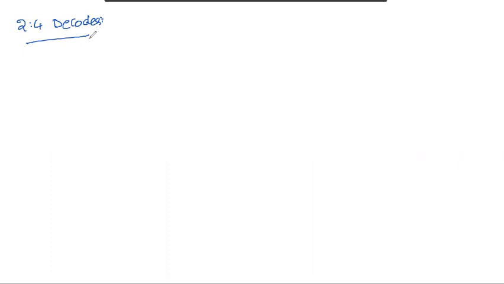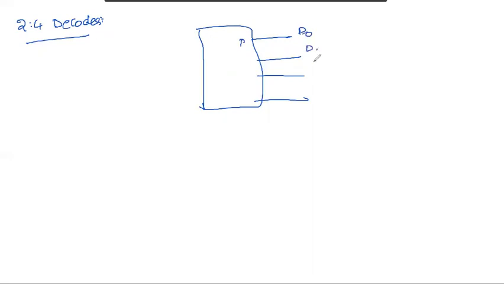For 2 is to 4 decoder, we have how many outputs? 4 outputs: D0, D1, D2, D3, and 2 inputs, I1, I0.